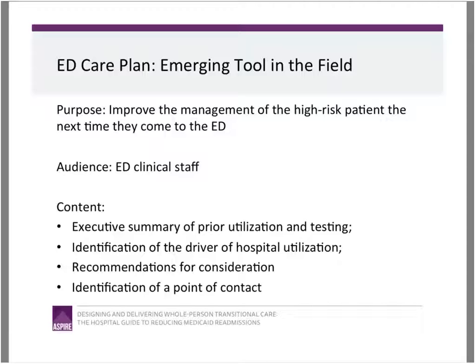So the audience are ED clinical staff, and the content for an ED care plan would be to provide an abbreviated executive summary of prior utilization: how many emergency room visits in the past year, how many hospitalizations in the past year, as well as a summary of the relevant testing. Have there been repeated CAT scans, stress tests, other types of clinical testing and imaging that would be germane for the ED clinician to know?